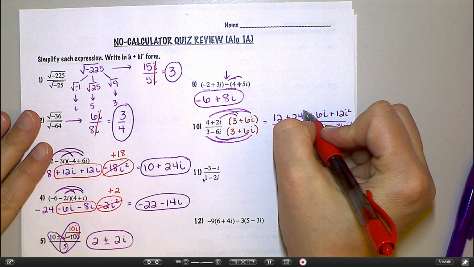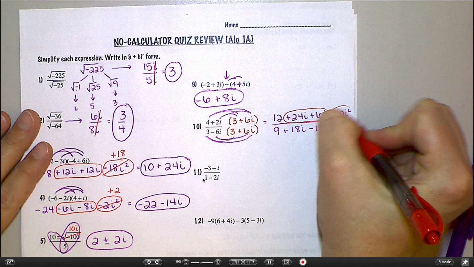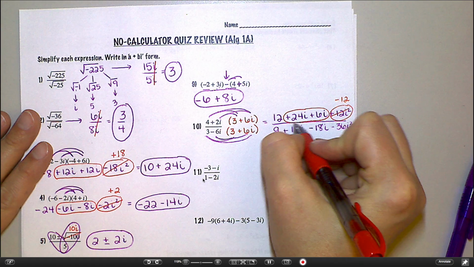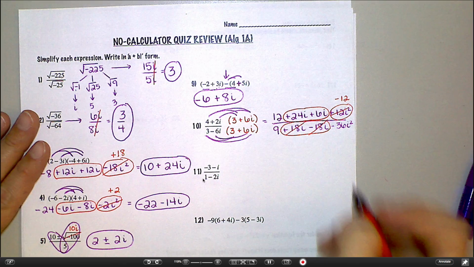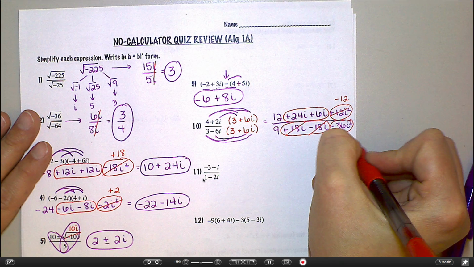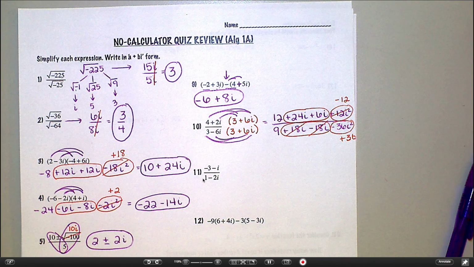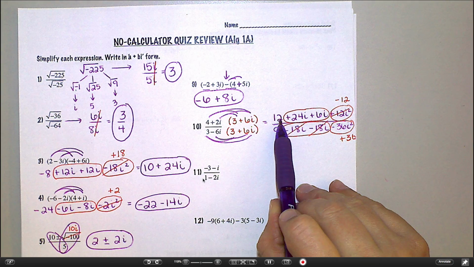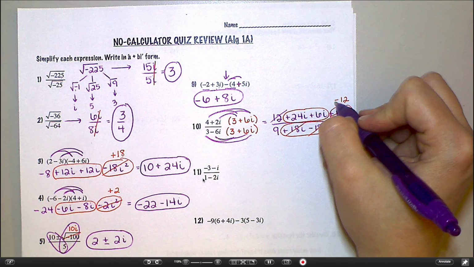On the top, I'm going to combine these two. I'm also going to replace 12i squared with a minus 12. On the bottom, I'm going to combine these two, and when I do that, they cancel out, which is exactly what should happen. And then this negative 36i squared, I'm going to make a plus 36. Now, there is something strange and unique that happens in this problem that rarely happens. When I go to combine my whole numbers, I have a 12 and a negative 12, and they actually cancel out as well.